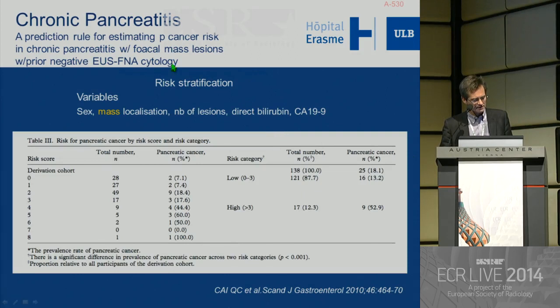So recently, in this paper, a prediction rule for estimating the risk of pancreatic cancer in the setting of chronic pancreatitis was developed. You have many variables: the gender, the mass localization, the number of lesions, the direct bilirubin, and the tumoral markers. So concerning radiology and imaging, we have to detect this mass, which is not that trivial.